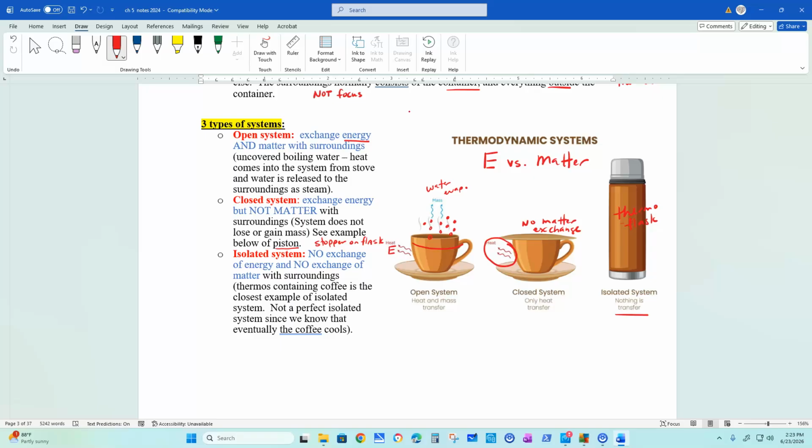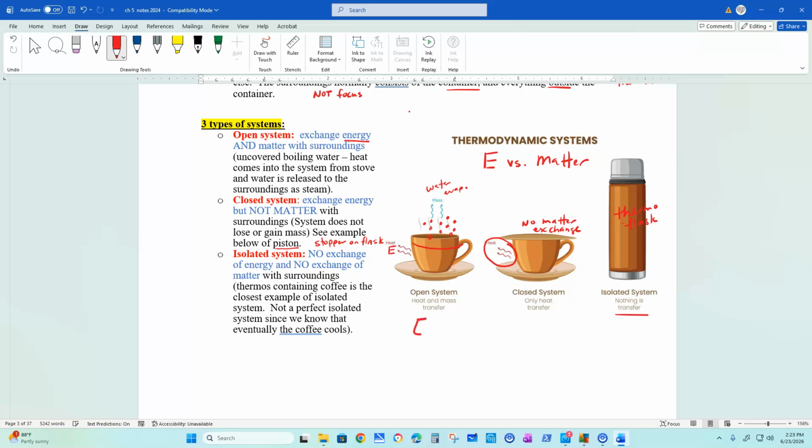That's why it's called insulated. It keeps the heat and the matter inside perfectly. So there is no exchange of it. If you put coffee, hot chocolate, some soup in it, it's not a perfect isolation, but it's as close as we can get to no exchange of matter or energy.